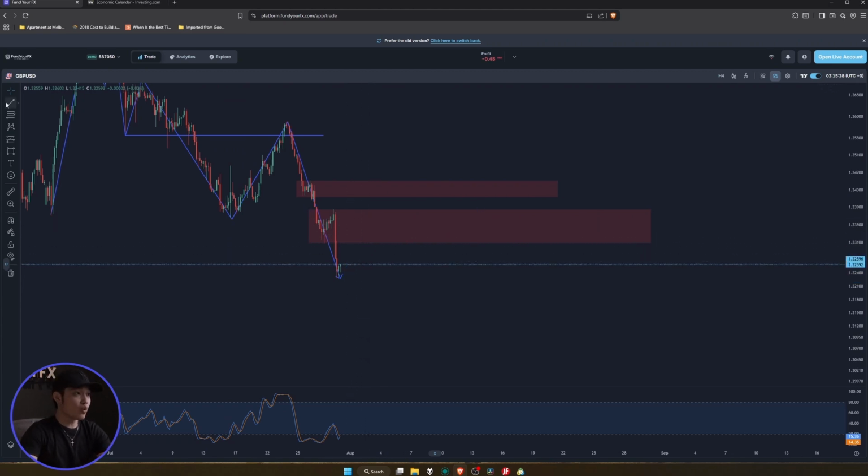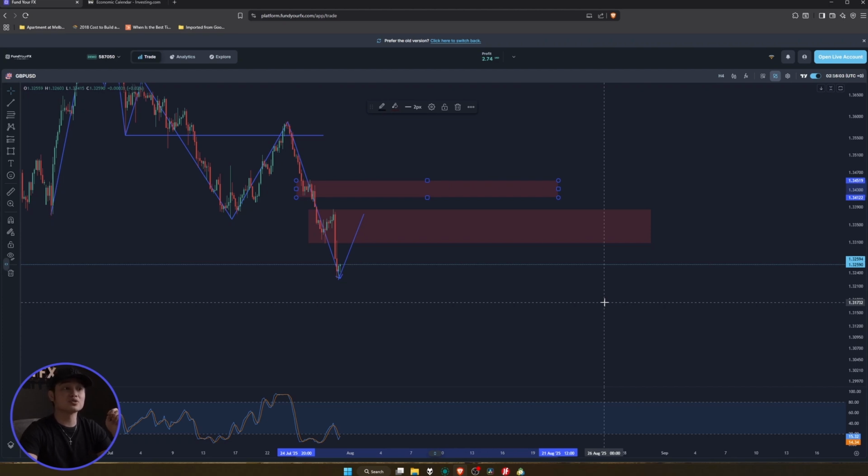So what if it fails to create a movement like this? What if it fails to make a valid breakout or a valid rejection on the first supply area? What will happen? Well, we have the second supply area, which is at around 1.34519 until 1.34122.